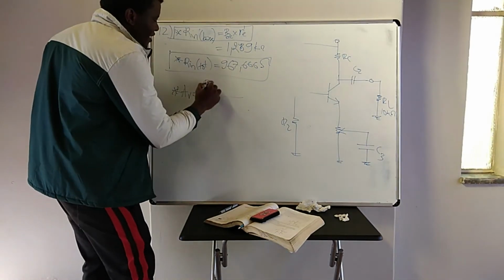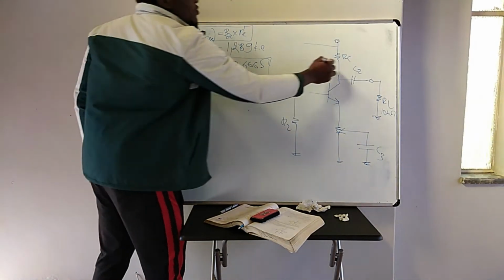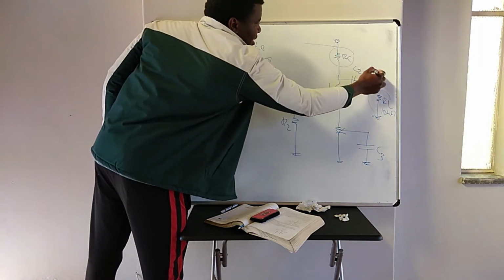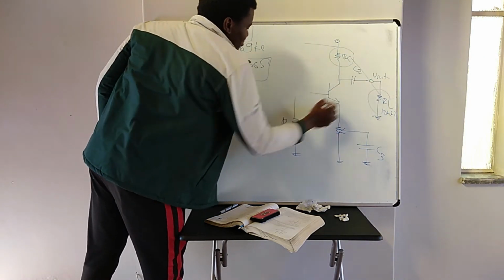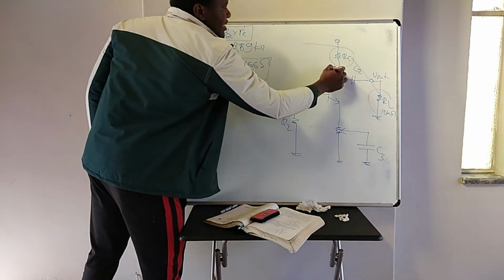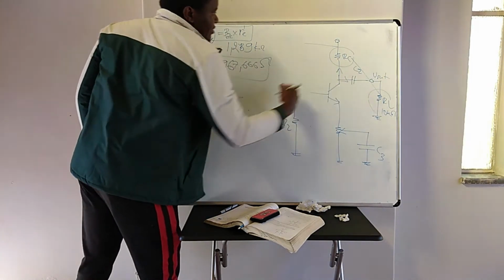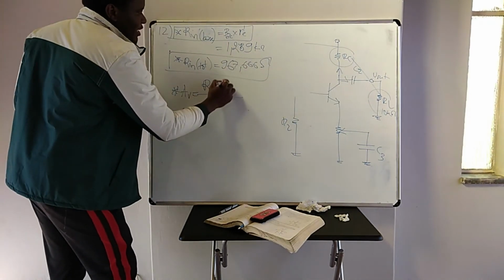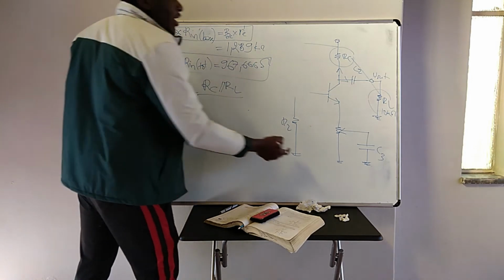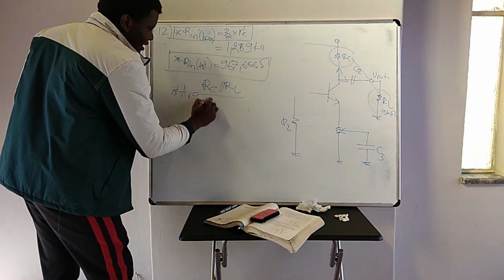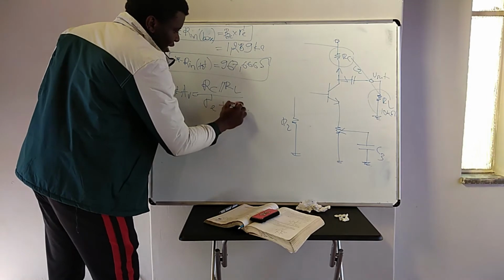So instead of having only RC, because we have the load also here, this is my V output, it is going to be RC parallel to R load, over, because this one is bypassed, R accent E plus R E.